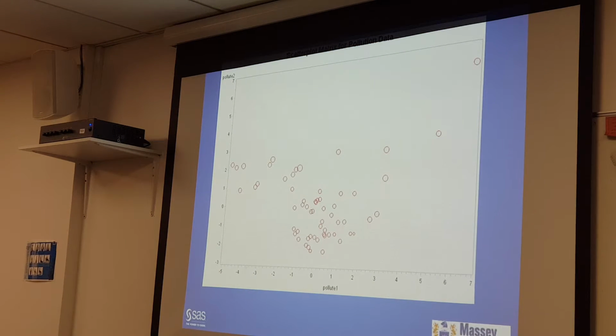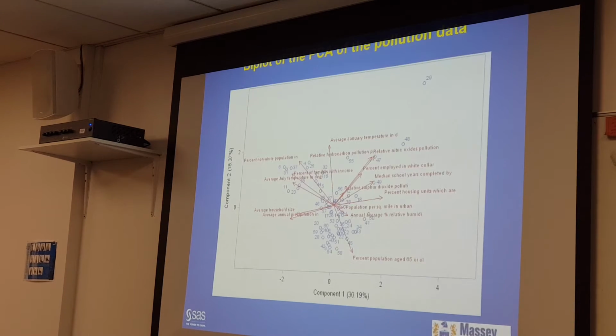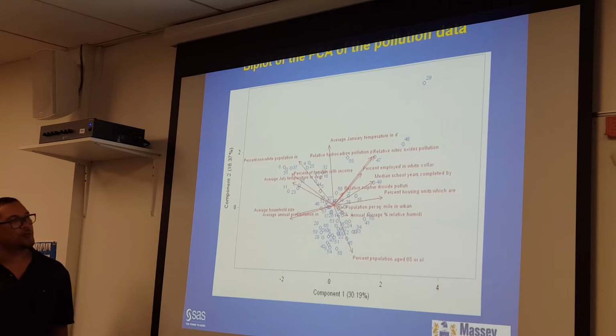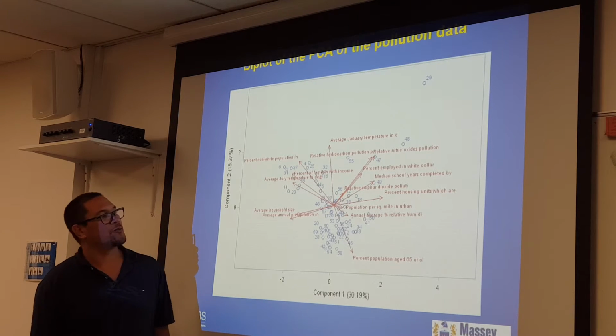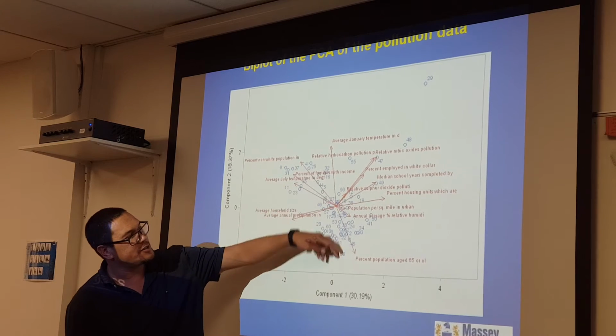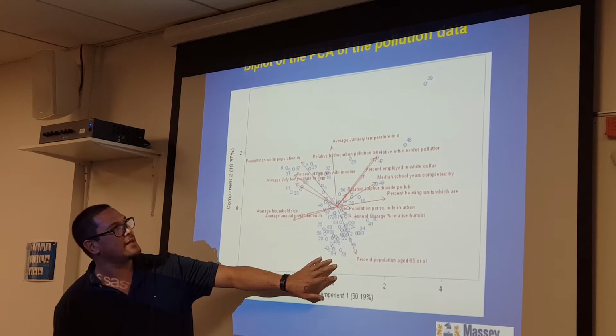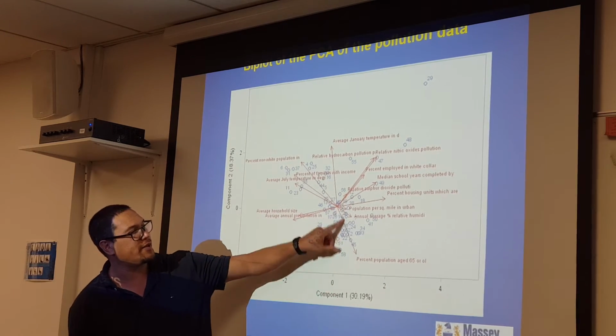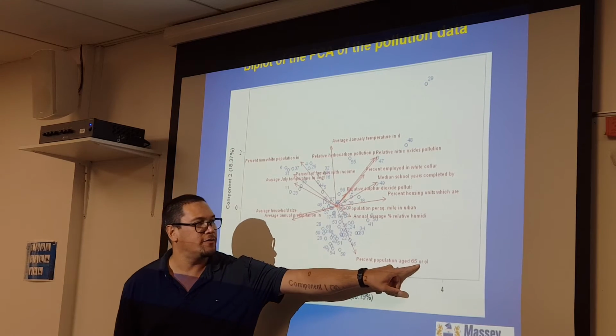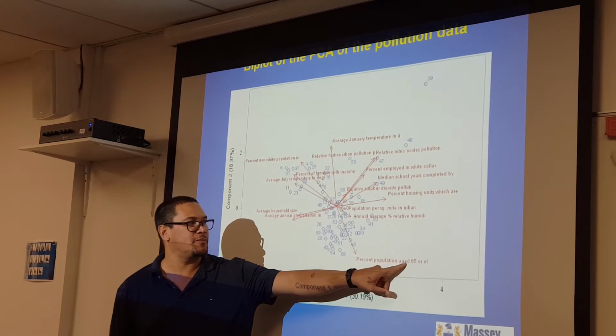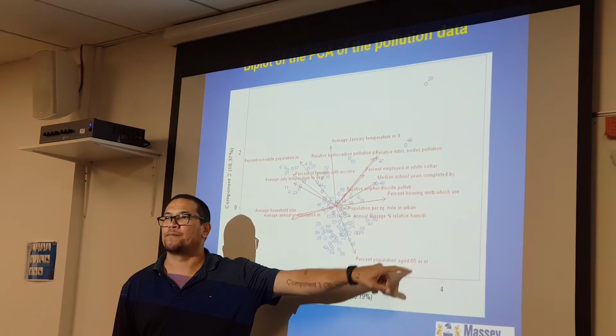So this is the pollution data. We know about this. And this is what we call a biplot. So we know this is what we're going to recreate. These values down here, so we got new data points. Well, what does it mean? The 58th data point had a very high value of the variable that was describing the percentage of population age 65 or over.